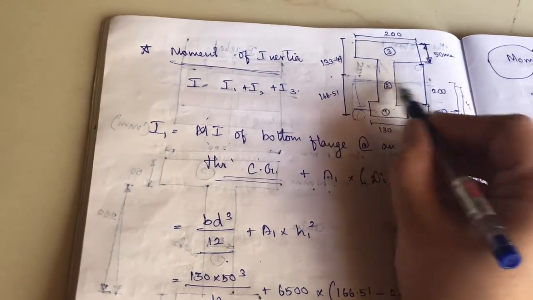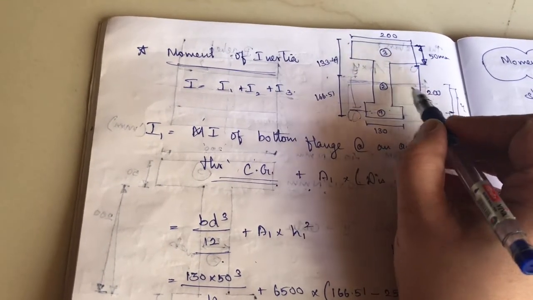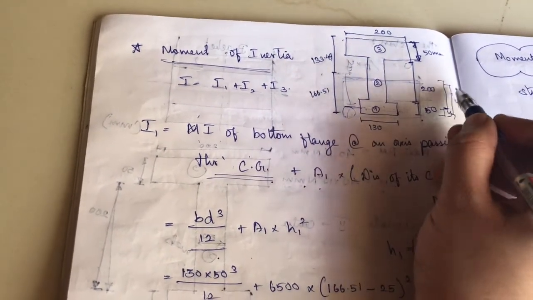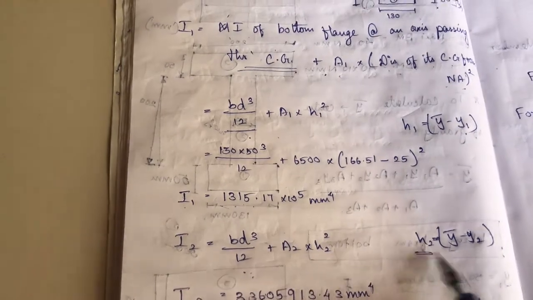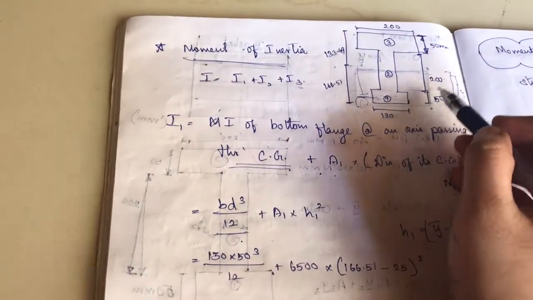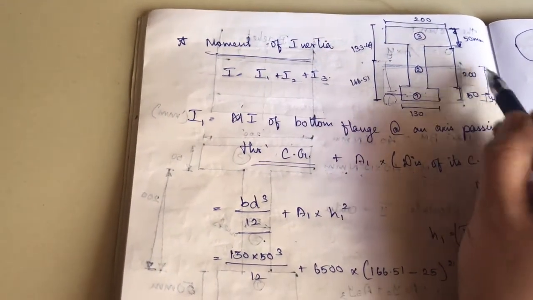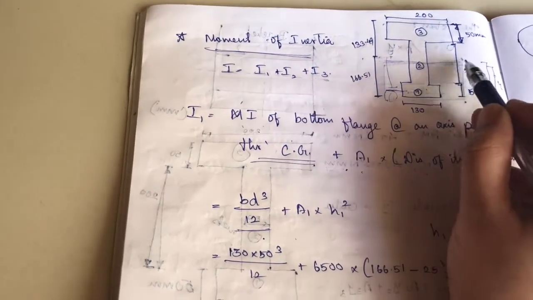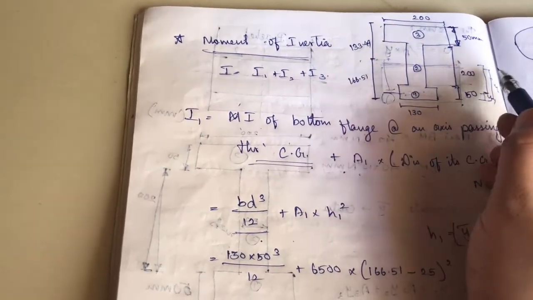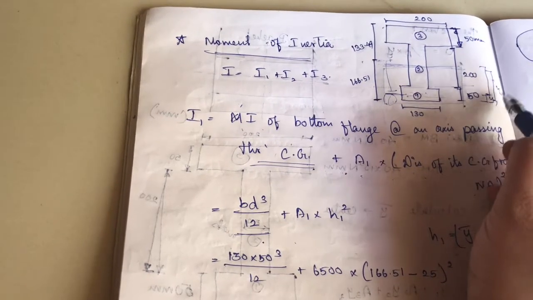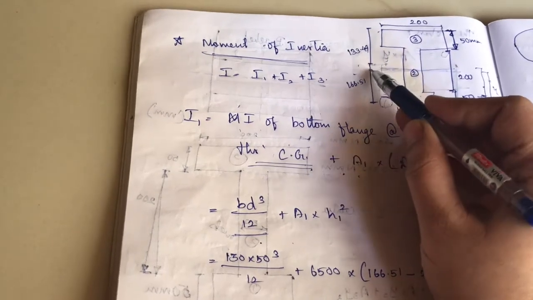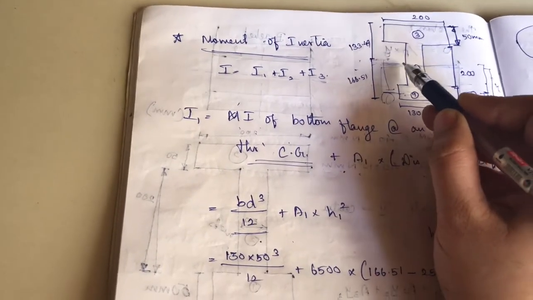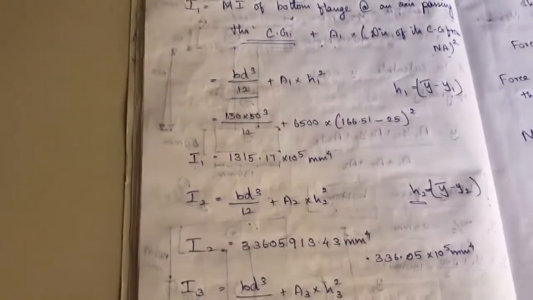So center of this second rectangle, the neutral axis is y2. So we need to subtract y2 from y bar. Okay, that is h2. So h2 means from y bar, for the second rectangle the axis to the neutral axis is y2. So when we subtract this y2 from y bar, we will know the distance between the center of gravity and the neutral axis.